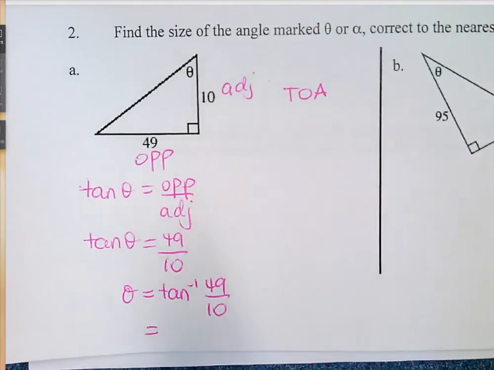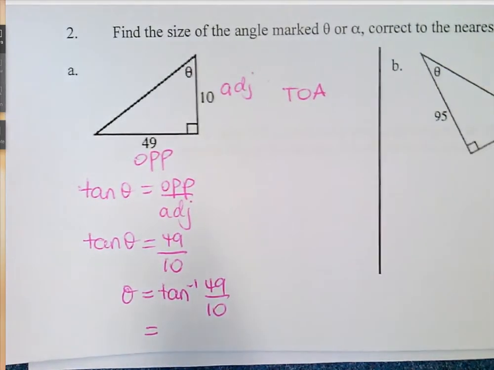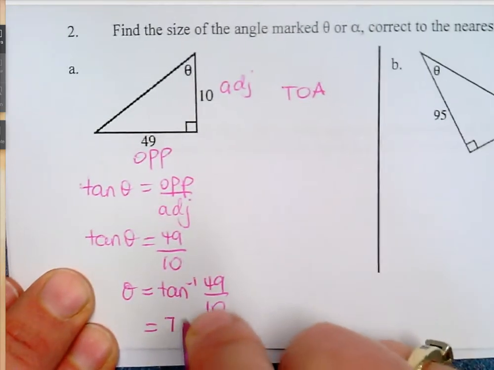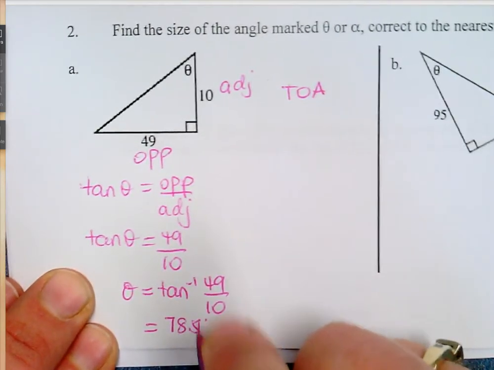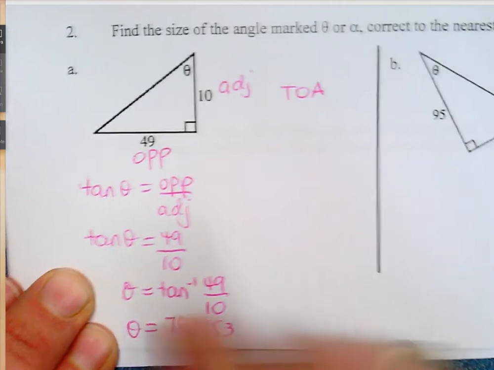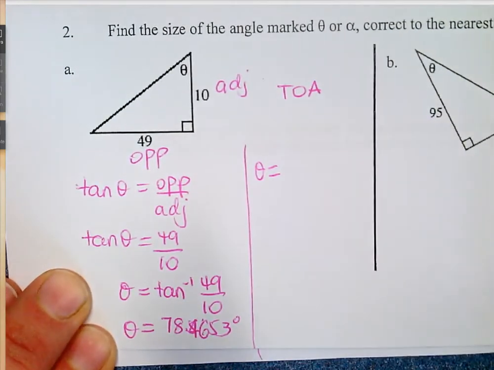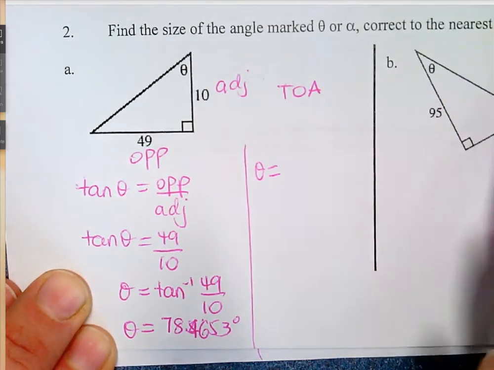What do you get? We want the nearest minute this time, not nearest degree, nearest minute. That's in decimal. I don't want that. I need it in degrees, minutes, seconds. Round it to the nearest minute.